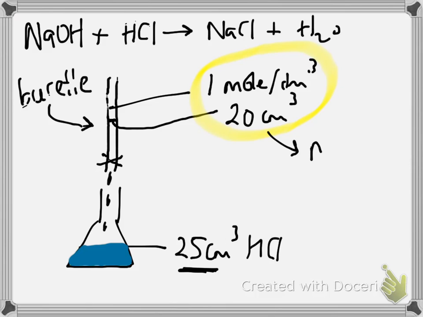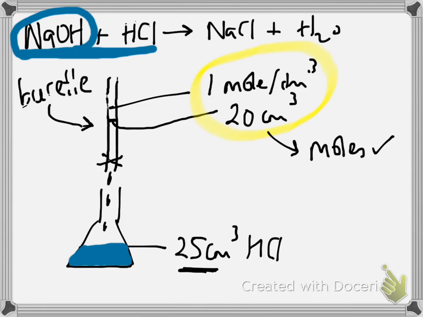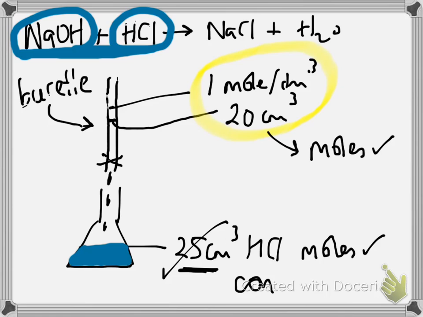The moles. If I know the moles of alkali, what can I work out? The moles of the acid, because they're in a 1-to-1 ratio. And if I know the moles of the acid and I know the volume, I can work out the concentration, and that's the whole point of this. Okay, let's just do that.